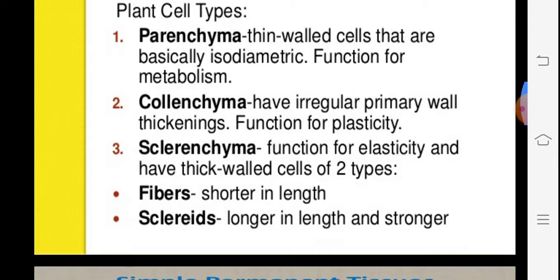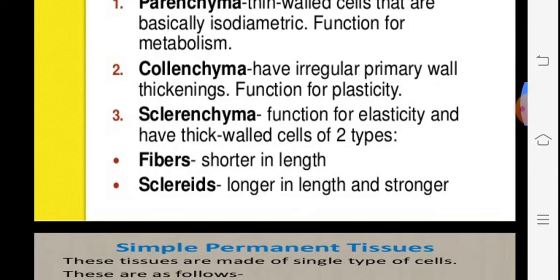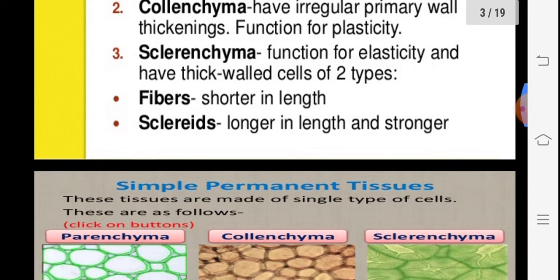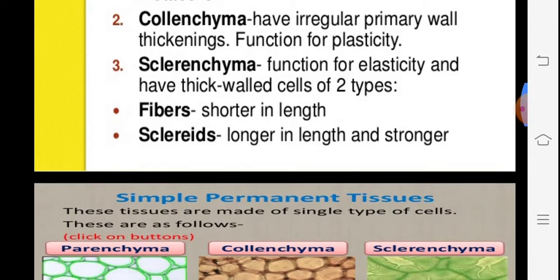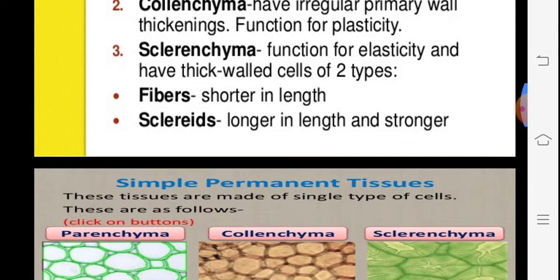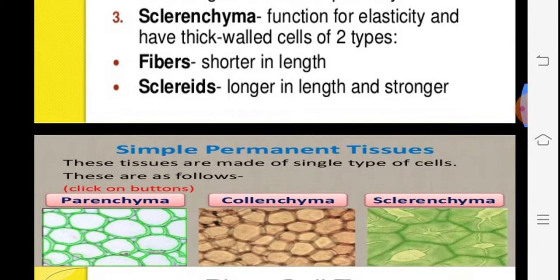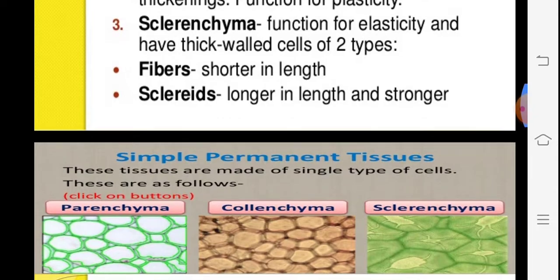The collenchyma cells have irregular primary wall thickenings, and they function for plasticity, that is the bending property. The sclerenchyma function for elasticity, and have thick-walled cells of two types: fibers, which are short in length, and sclereids, which are longer. So remember about the sclerenchyma.